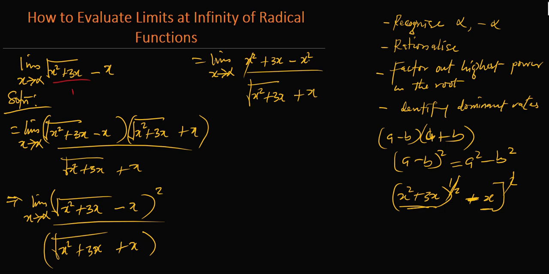Now x squared minus x squared cancel out, so we are going to have the limit as x approaches infinity of 3x all over root x squared plus 3x plus x.